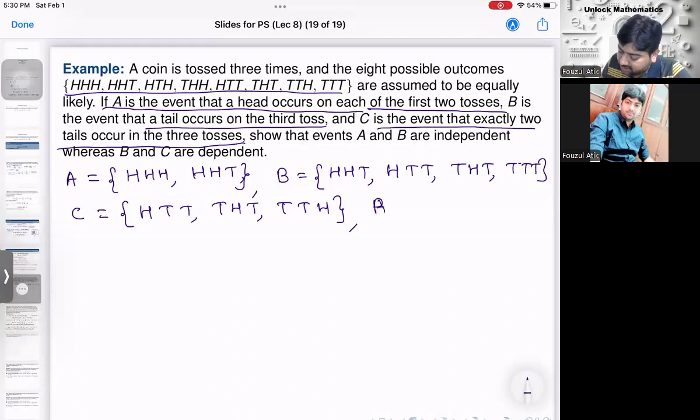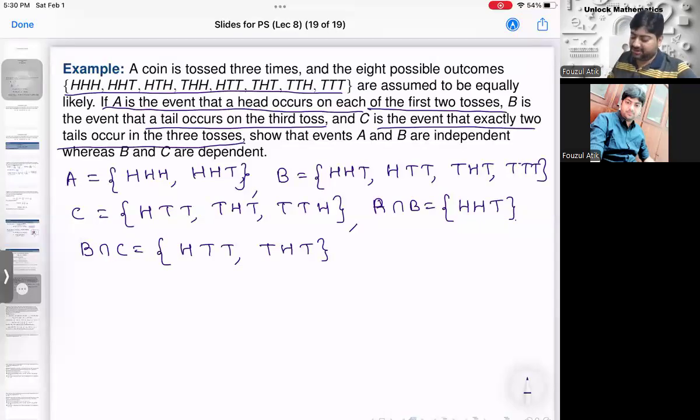It is HHT, only one. And what is B intersection C? Because I need this. B intersection C is HTT, then THT, these two only.